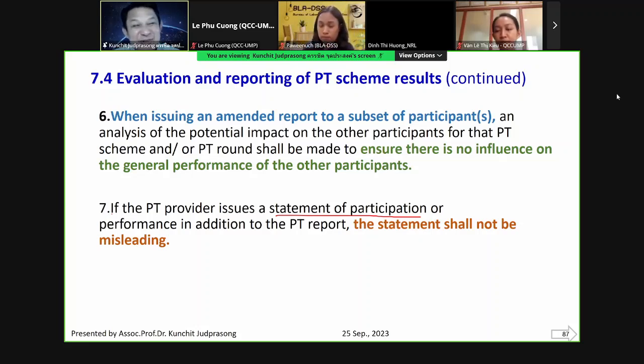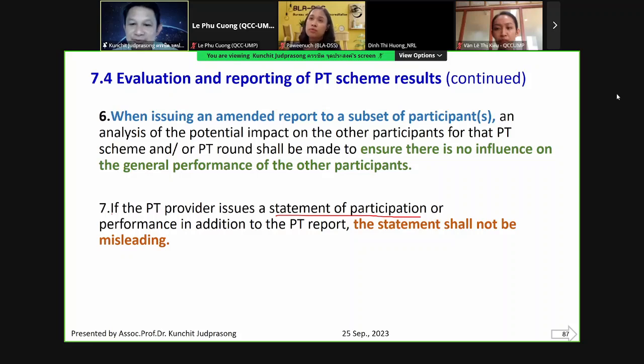I mean, let's say you have a borderline between z-score 1.9 and z-score 2.1. It may be nearly the same level in the graph, especially when you have a large number of participants. So it may be very difficult to distinguish between pass and fail in the result.